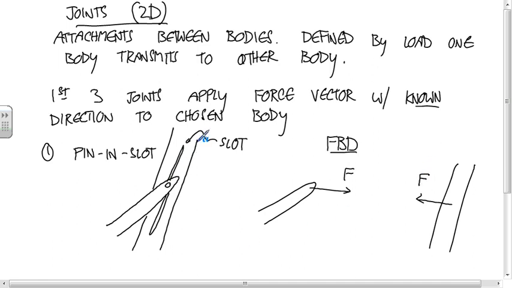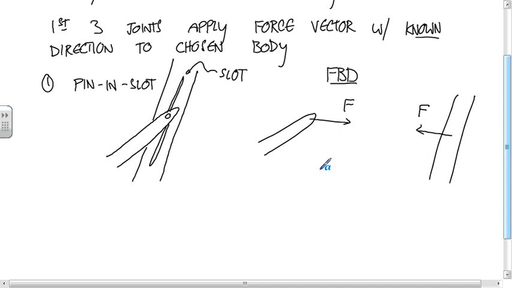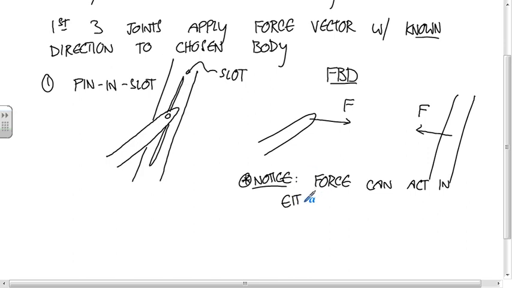So when you see a pin in a slot joint, choose the body that you're going to isolate, and based on the angle of the slot, you know the direction of the force vector, and then associate it with a scalar variable. With this one, notice that the force can act in either direction, in either direction perpendicular to that slot.